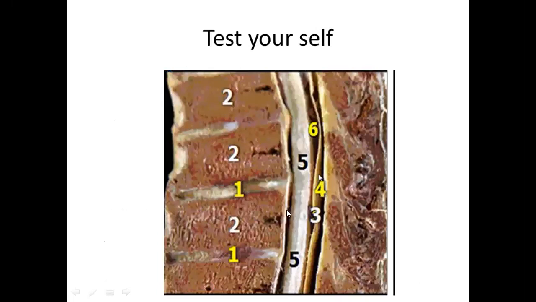Now test yourself. What is this? Yes, this is a section of the spinal cord. Here, the vertebral bodies, which is marked by number 2, vertebral bodies anteriorly, and here, number 1, the intervertebral disc, between the vertebral bodies.